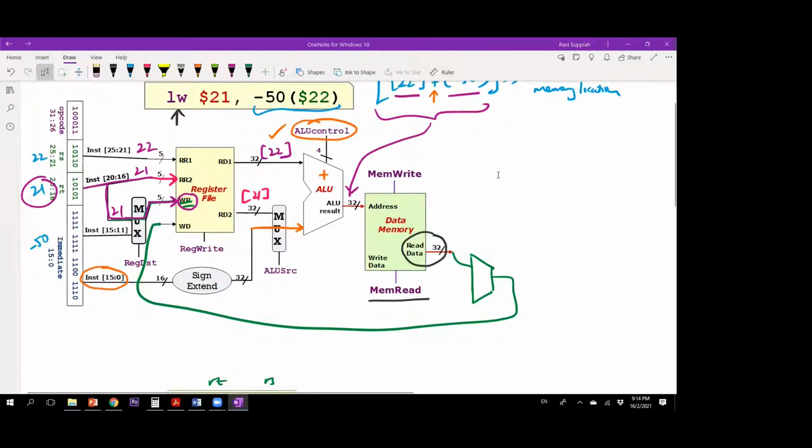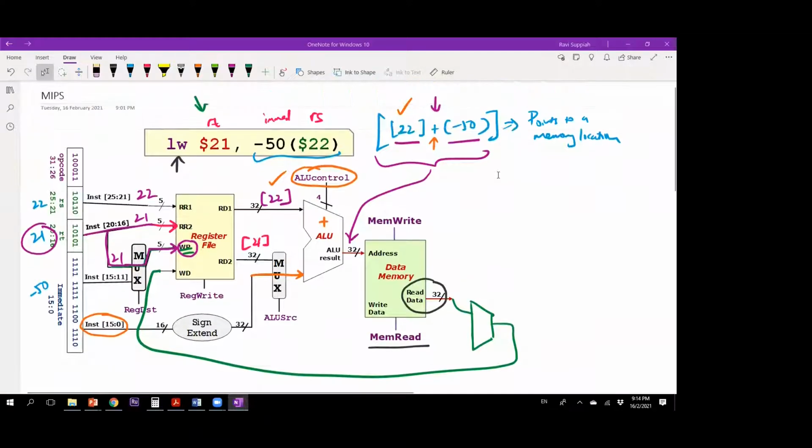So the whole idea of control signals, for now, how you can take it is that the correct control signal will be activated when you want to channel any data through to the next stage.